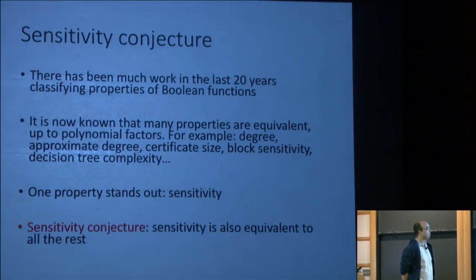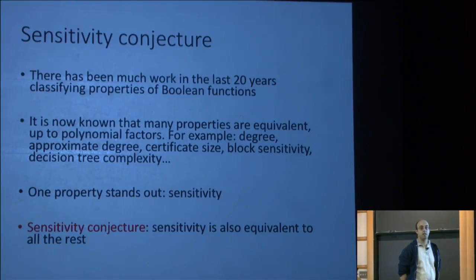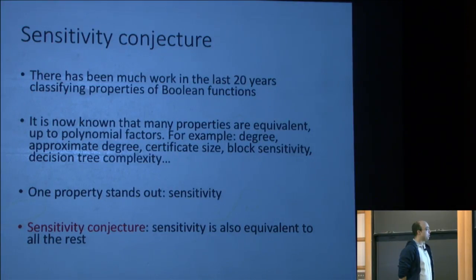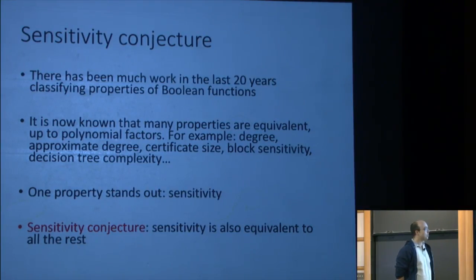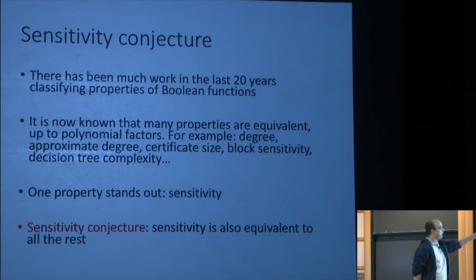For example, if I give you a Boolean function and you ask what its degree is as a real polynomial, or you ask about approximating it in infinity norm by low-degree real polynomials, or other combinatorial measures that, if you know them, you know, and if not, don't really matter for us. All these measures are basically the same. For example, if its approximate degree is some parameter d, then its real degree is at most d to some absolute constant.